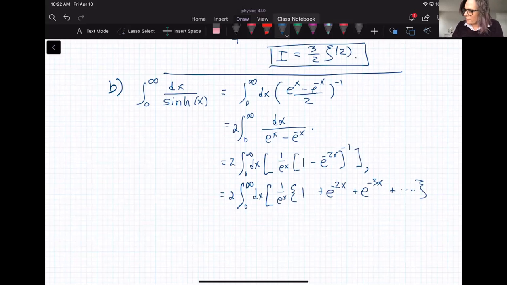And then I'll leave that to you, to do the integral and then evaluate it at the ends.